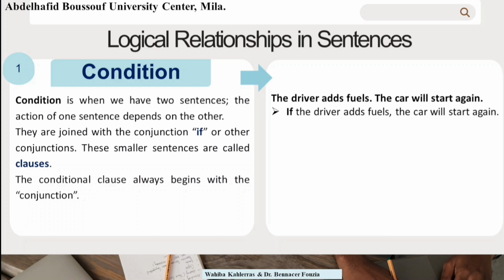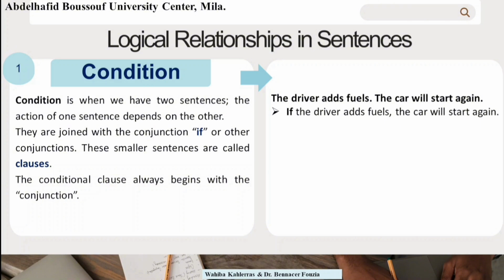Therefore, they are called clauses. If the driver adds fuel, this is a condition. The car will start again. This is the result of the condition. And the whole of it, if the driver adds fuel, the car will start again, is what we call a sentence that expresses condition.